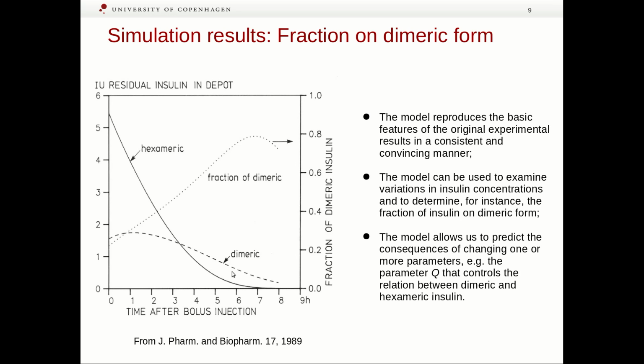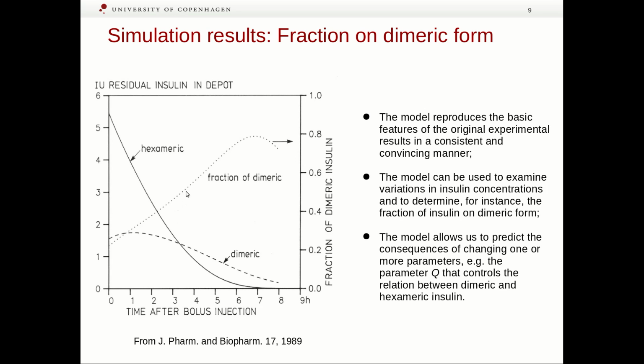But in this region here, the dimeric insulin is almost all of the insulin, and that means that here we have an absorption constant which is defined in terms of the dimeric absorption, and up here we had an absorption rate which was determined by the fraction of dimeric insulin times the dimeric insulin absorption constant.